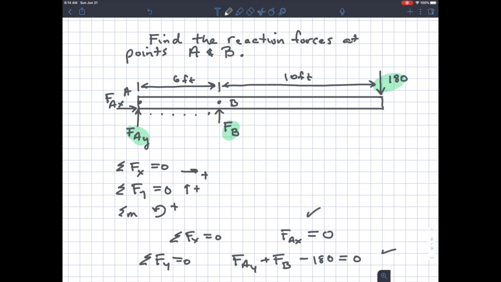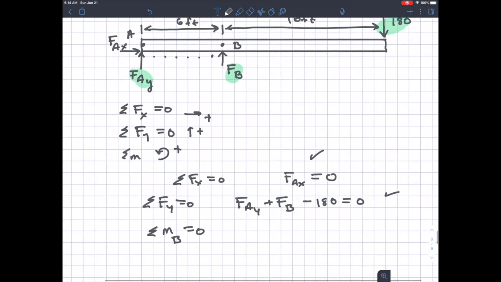The perpendicular distance between point B and the force in the y direction is 6, and so our moment would be 6 times FAY.